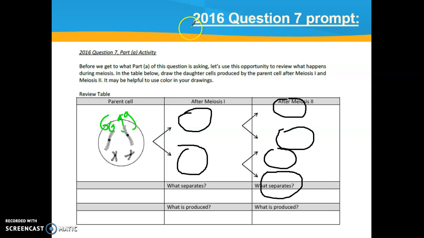The small chromosomes are carrying the plant height genes. So this chromosome, let's just assume it's carrying the dominant alleles, and this chromosome is carrying the recessive alleles.